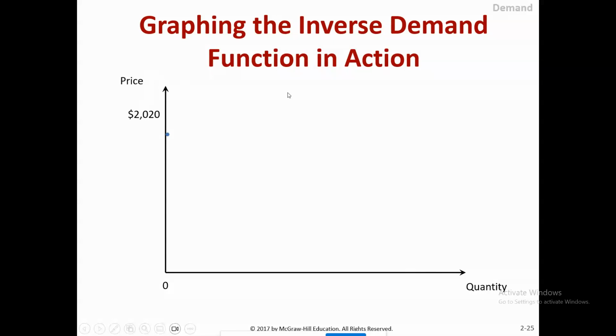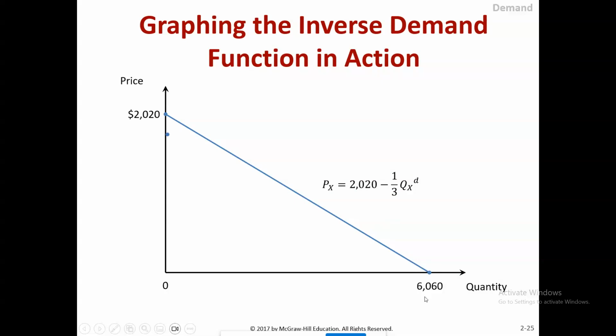So because of that, we can easily construct our demand graph from this inverse demand function. Price on the vertical axis, the vertical intercept is 2020, and the slope is negative 1/3.